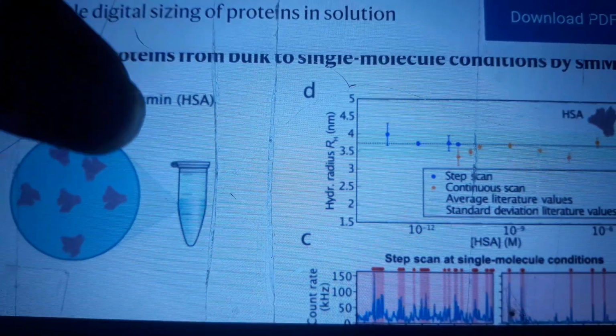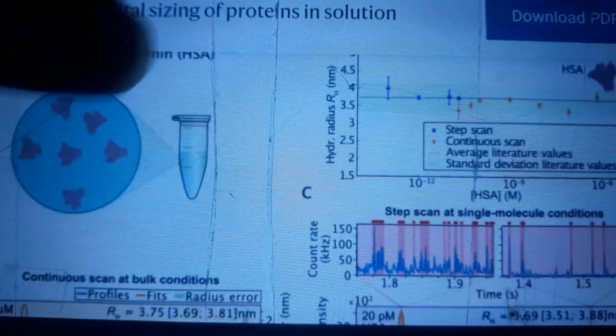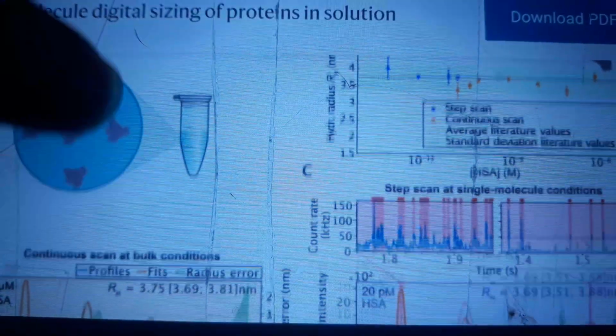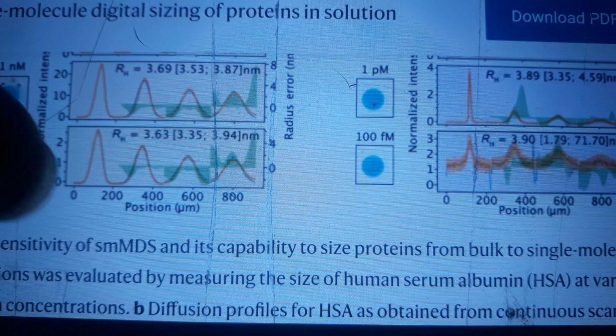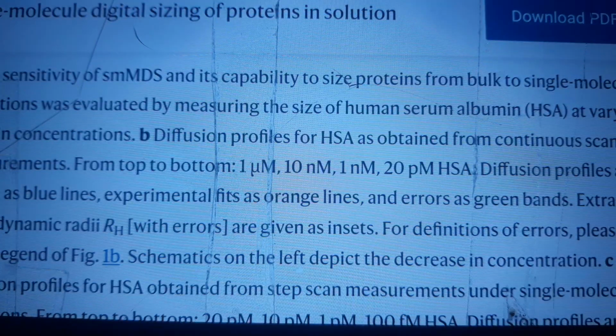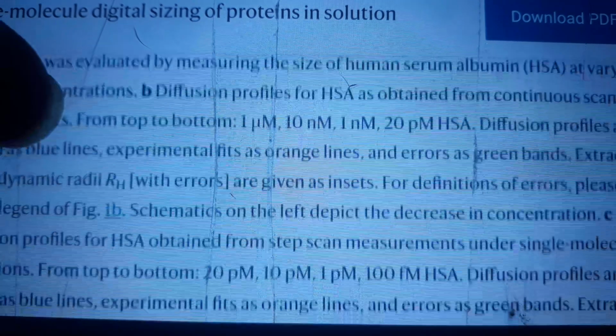Sizing of proteins from bulk to single molecule conditions by SM-MDS. The sensitivity of SM-MDS and its capability to size proteins from bulk to single molecule conditions was evaluated by measuring the size of human serum albumin, HSA, at varying protein concentrations.